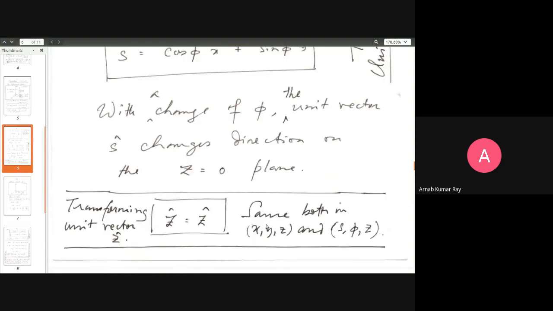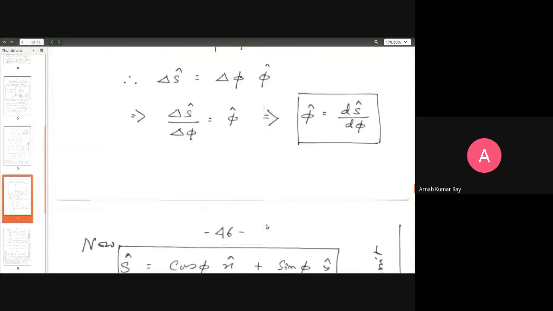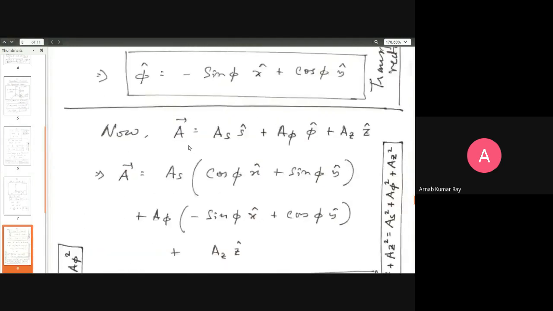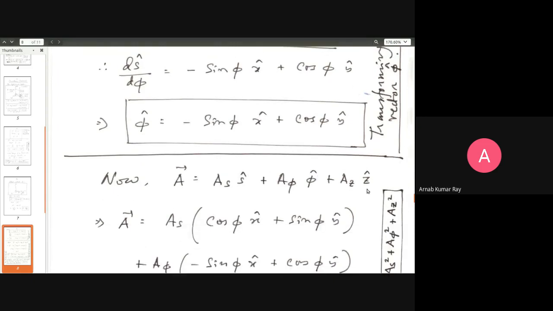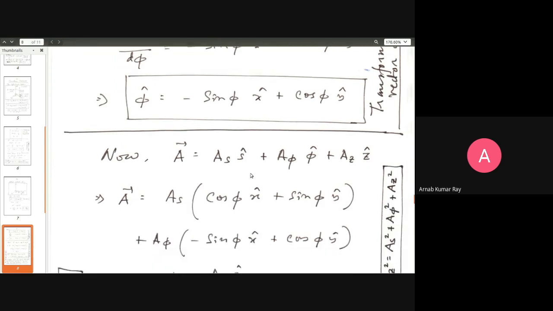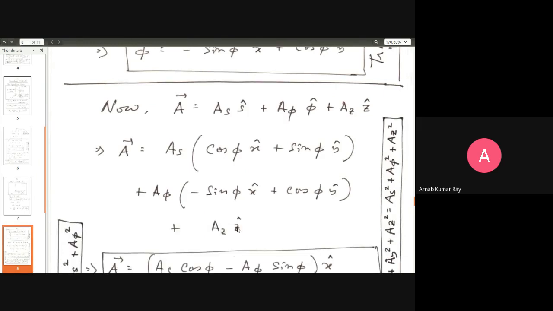Let us now see. A is equal to as S cap plus a phi phi cap plus az z cap. Now we shall substitute for the S cap with this formula, substitute for the phi cap with this formula, and Z cap remains unaffected as before.